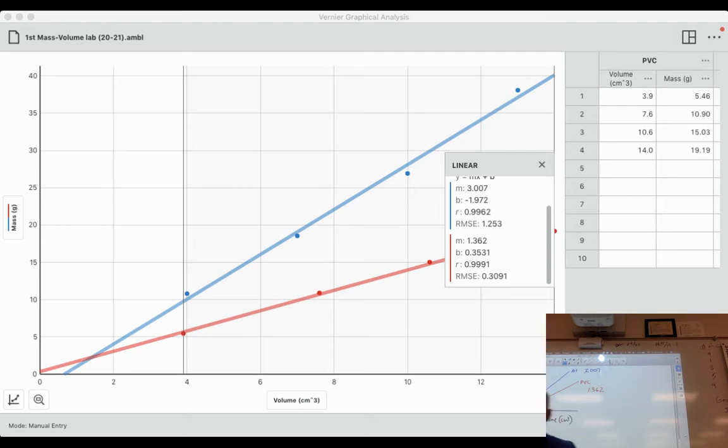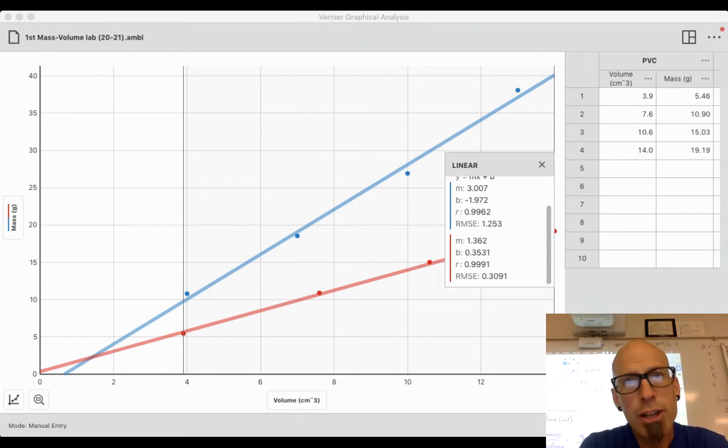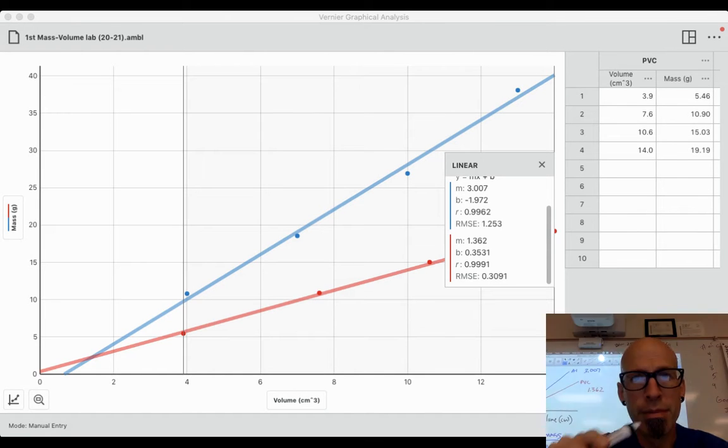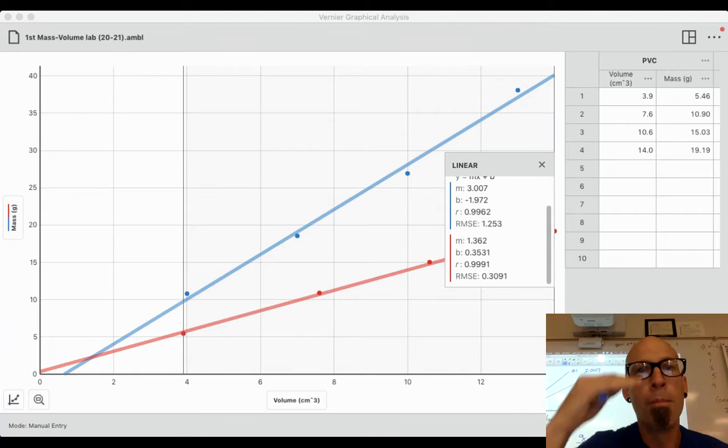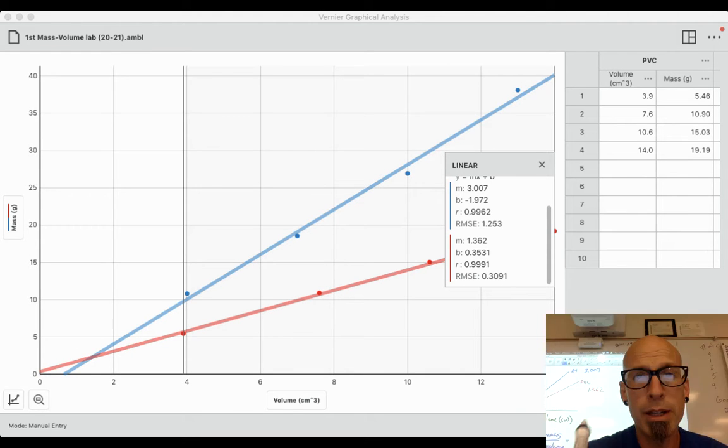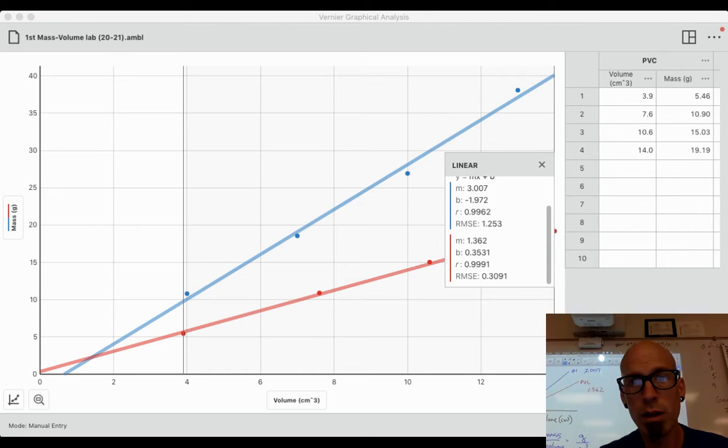That would be your slope, which is a mass over a volume, which is a gram over a centimeter cubed. That's how you would explain this. A rise over a run, or a mass over a volume, or a gram over a centimeter cubed. So that means these numbers here are grams / centimeters cubed.